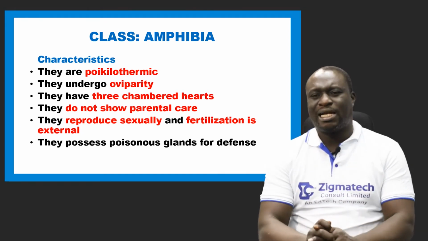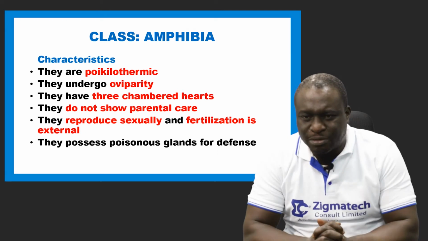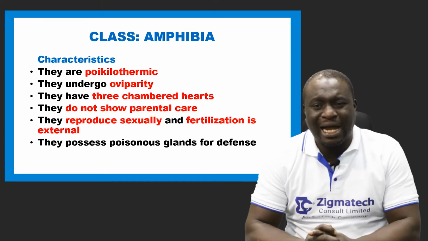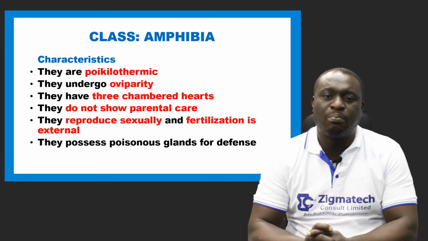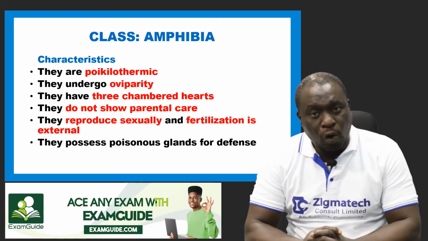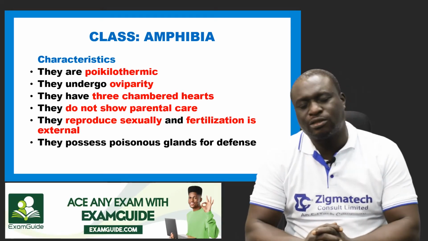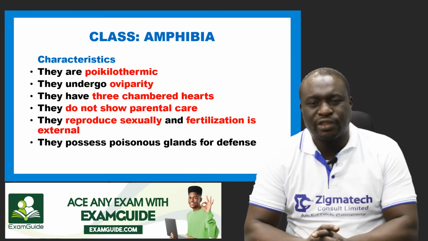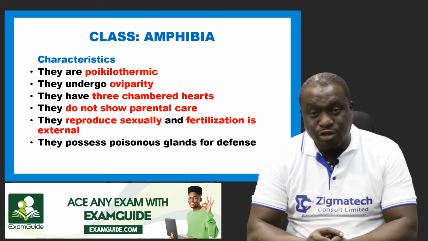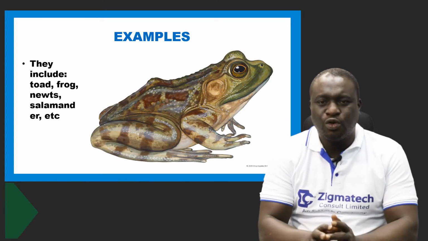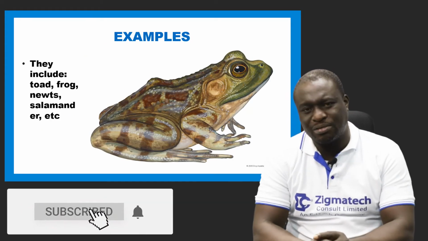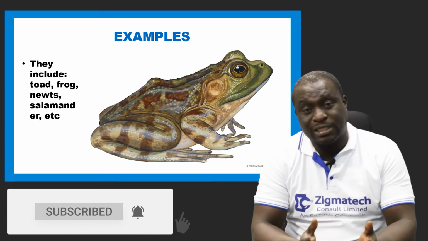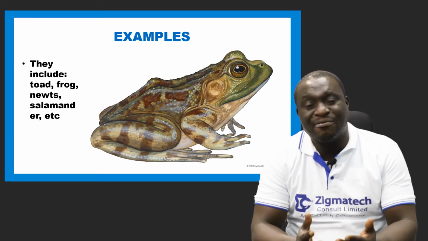The next and the last for amphibia in terms of their characteristics is that they possess what we call poisonous glands. Not all. Probably the toad possesses poisonous gland, which it uses for what? Defense. It uses it for defense. Now let's take a look at some organisms that are referred to as amphibia.